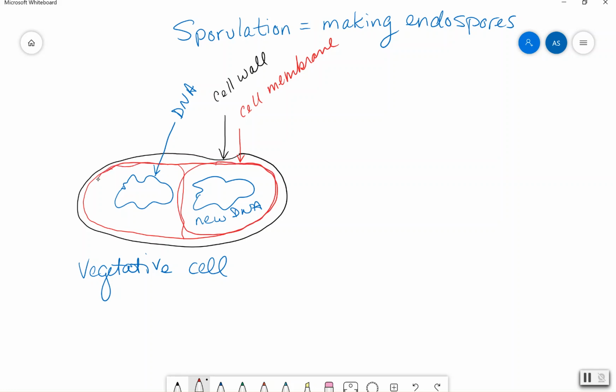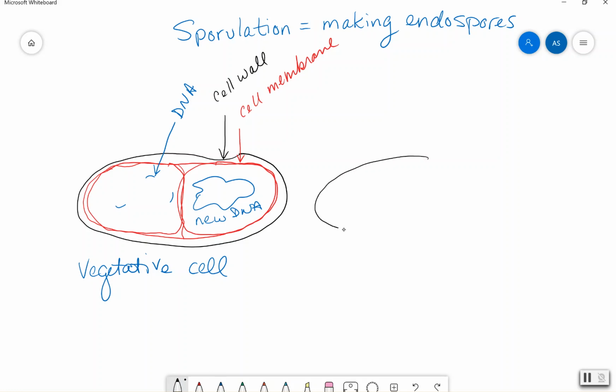We're going to have cell membrane around the old DNA. So we have cell membrane around both. And the next thing that is going to happen now is we don't need this old DNA anymore. And so it's going to be chopped up into little bitty pieces. It's going to disintegrate and go away.